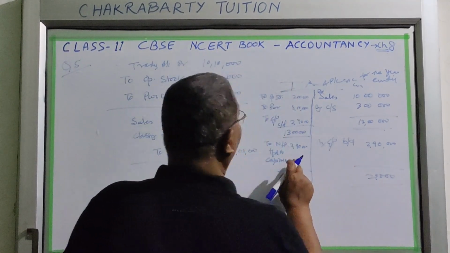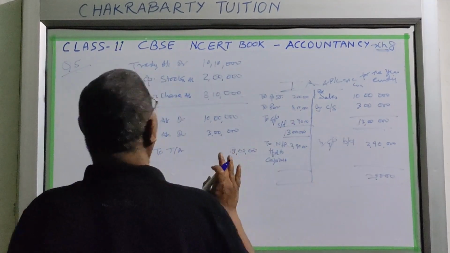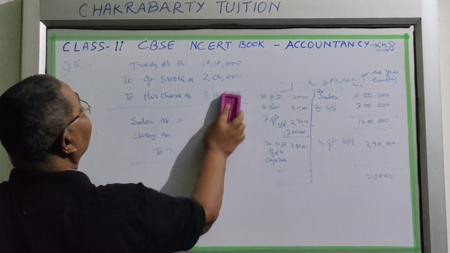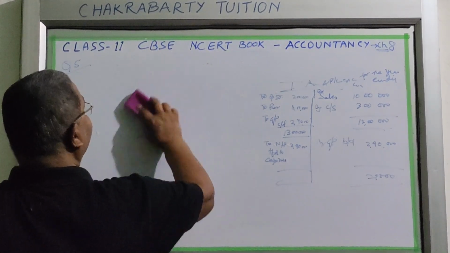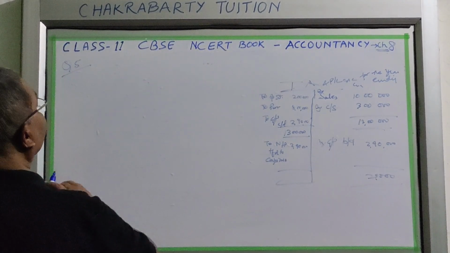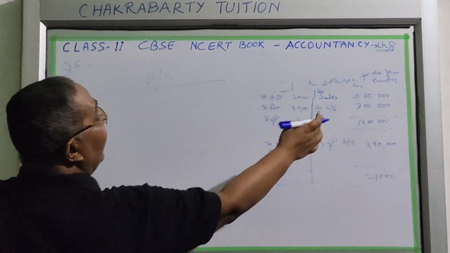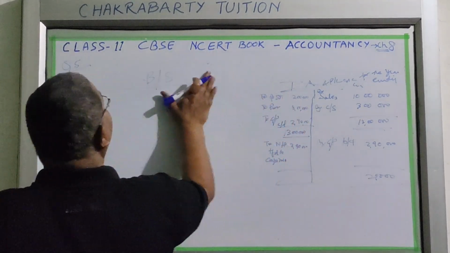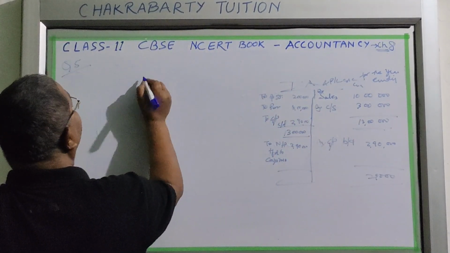So this will go to the balance sheet. Okay, this journal entry portion I am wiping off, and the balance sheet I am going to write here in a very short time. In the balance sheet, the only item given is closing stock, because for this closing stock we have already done the journal entry.